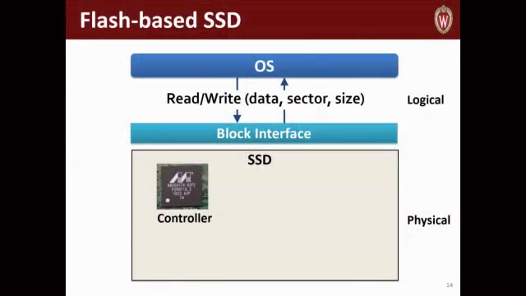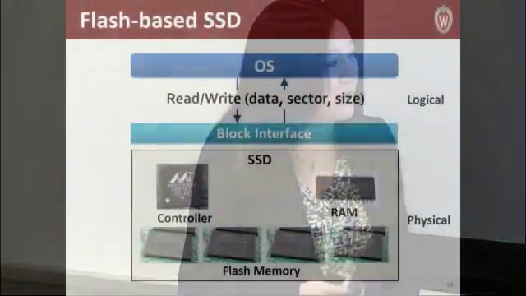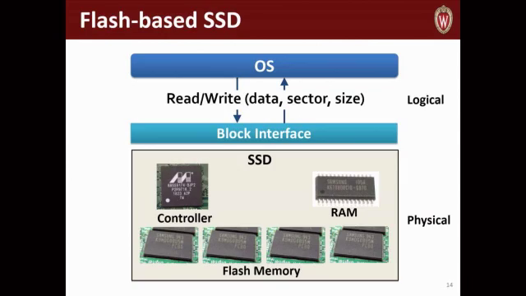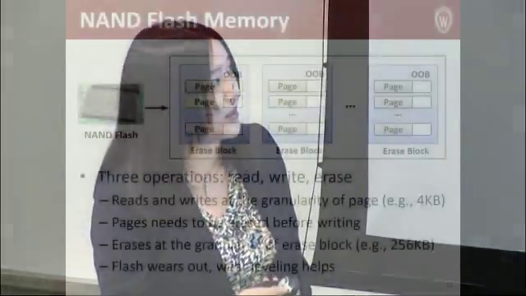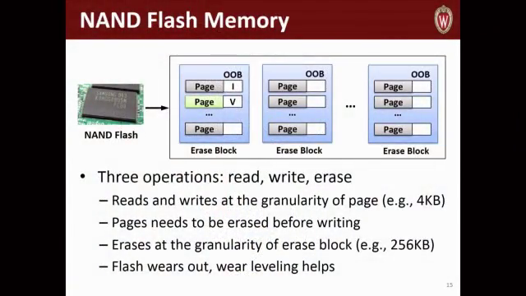An SSD is a device that provides a block interface, and inside the SSD there's a controller, an internal RAM, and a set of flash memories. Within the flash memory, there is a set of erase blocks, and each erase block has a set of pages, and each page is associated with an out-of-band area, which stores things like valid bits. There are three operations for flash memory: read, write, and erase.